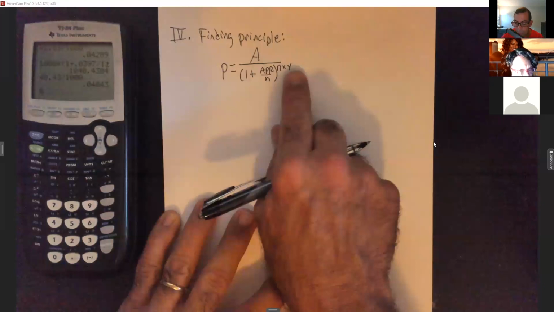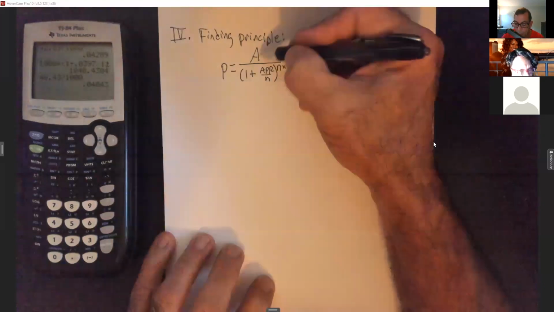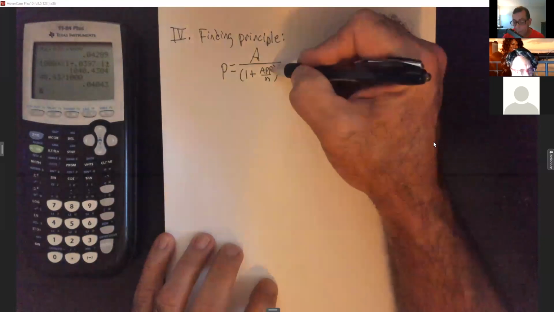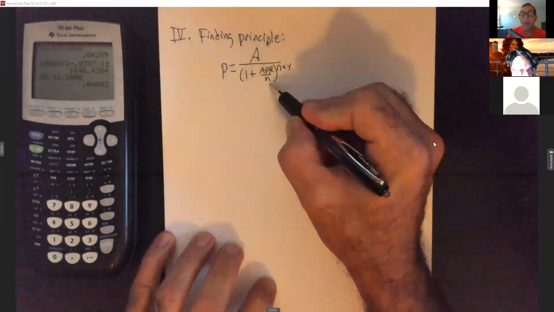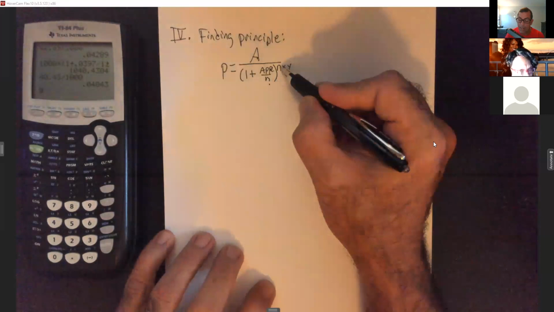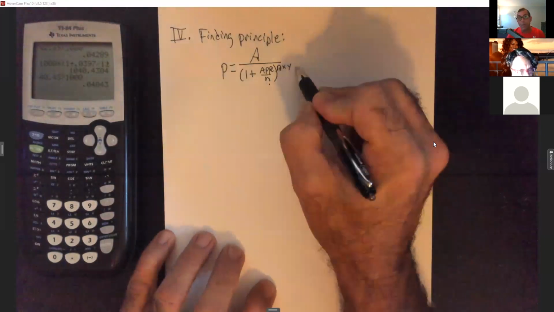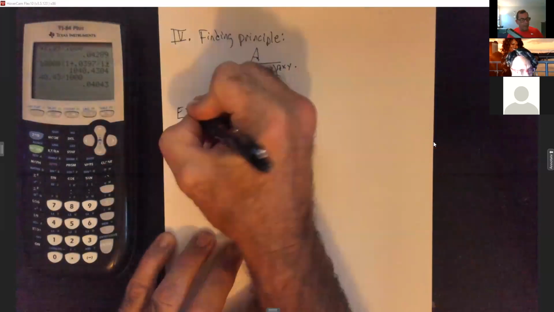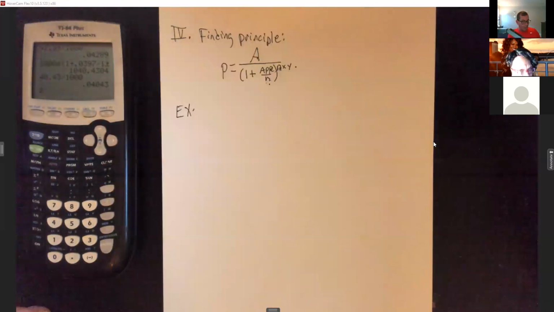And this is all still the same thing. A is my amount I want. APR is going to be the percentage rate in decimal form. N is going to be the number of compoundings, and we use that twice. And then Y will be the years. So we're going to need to do a couple of those examples.